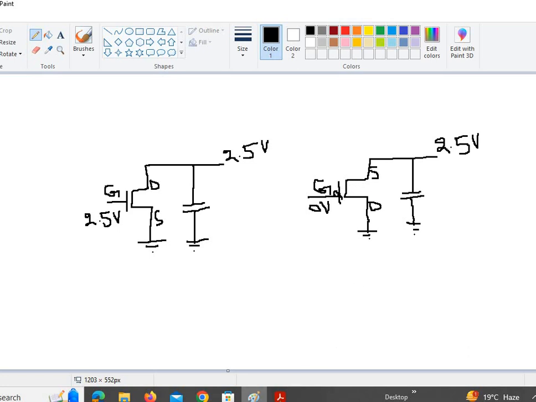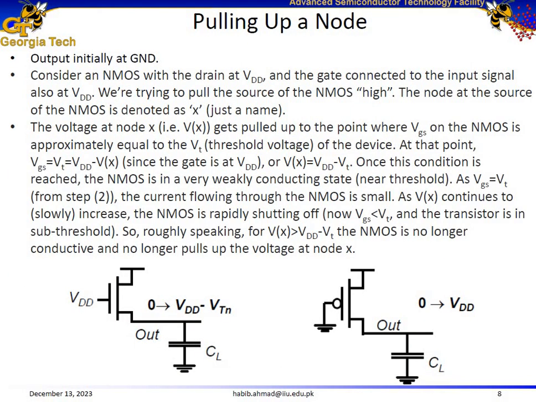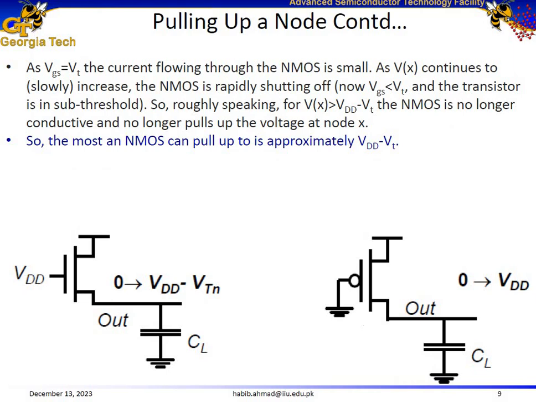So the conclusion is that PMOS transistors produce strong ones, which means that if we use PMOS transistors in the pull up network, we can pull the output all the way up to 2.5 volts.